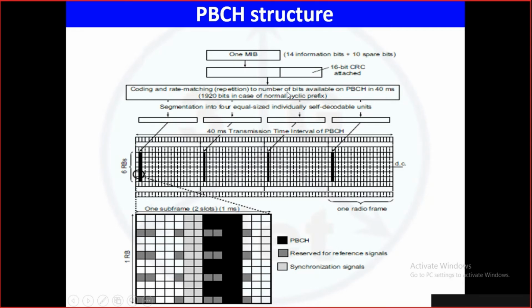So this 40 bits will become 1920 bits in case of normal cyclic prefix. In case of extended cyclic prefix, the algorithm will run slightly differently and it will be a different number of bits. By the way, the mobile knows whether it is normal or extended cyclic prefix much before attempting to read the MIB, because you come to know that at the PSS SSS reading time itself.